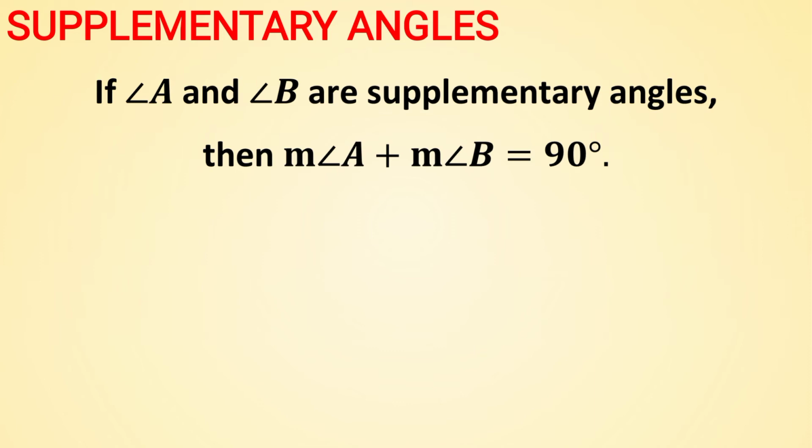Supplementary angles. If angle A and angle B are supplementary angles, then the measure of angle A plus the measure of angle B is 180 degrees. When we say supplementary angles, their sum must be 180 degrees. Sorry for the typo error. Okay? So 180 degrees.